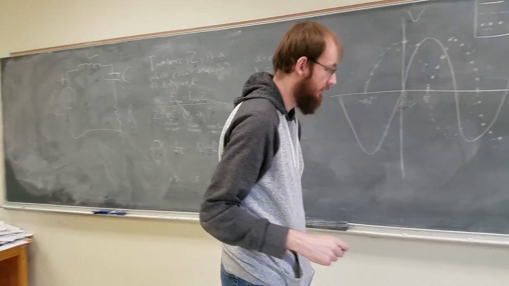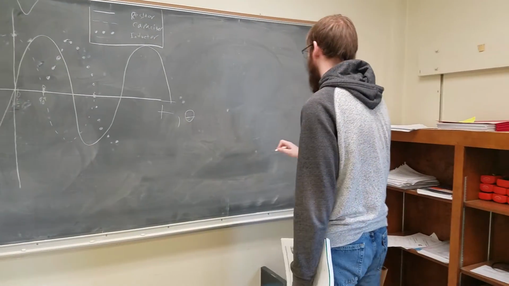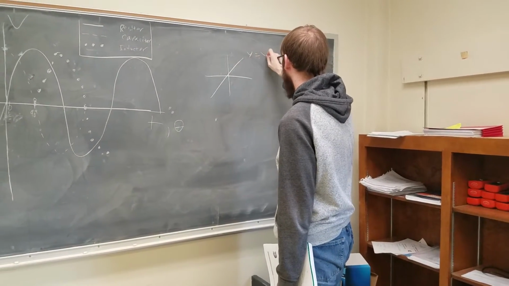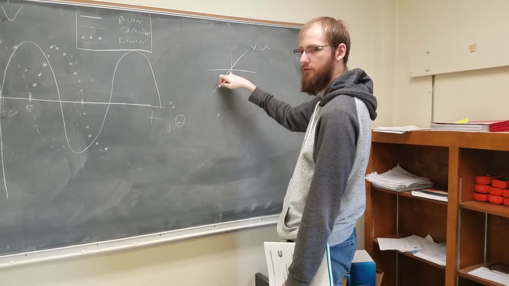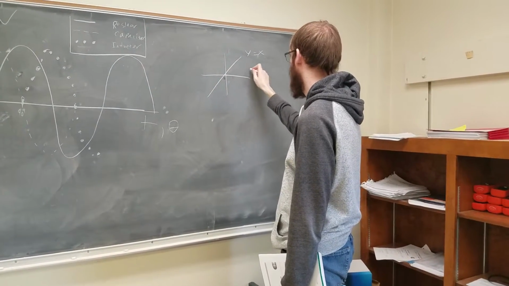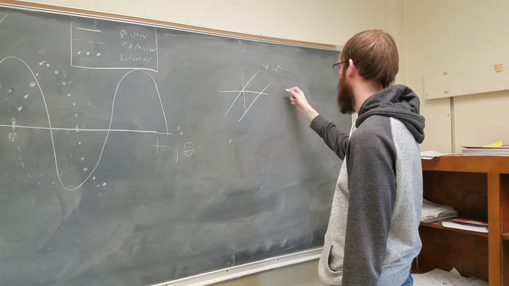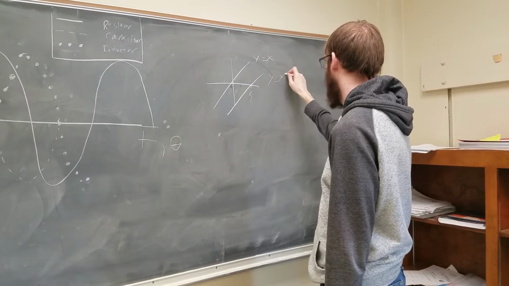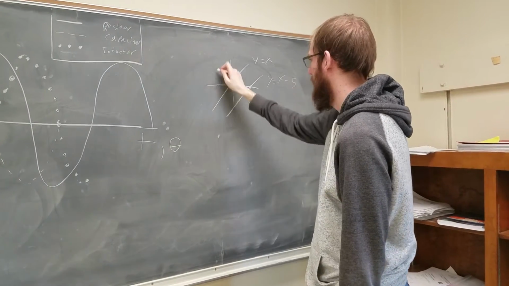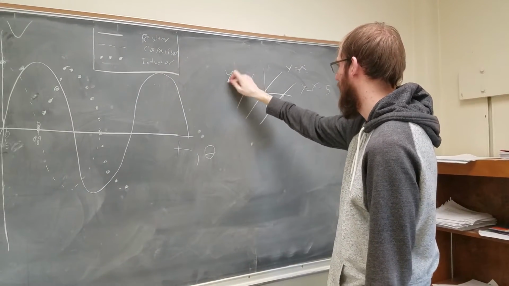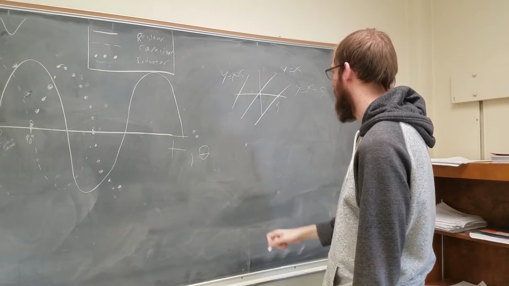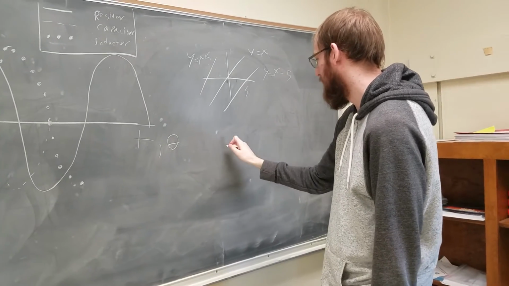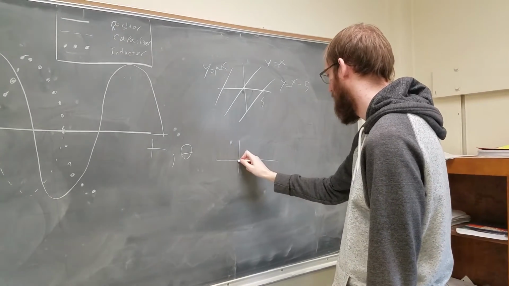In a similar way to how, if I go over here to the blackboard space, if we have y equals x, we've got some line going through 0. We can have the same line shifted, say this is 5, we can say y equals x minus 5. We can shift it to the left, y equals x plus 5. We can shift it up and down, we can shift it around. You can do the same thing with a sine wave.